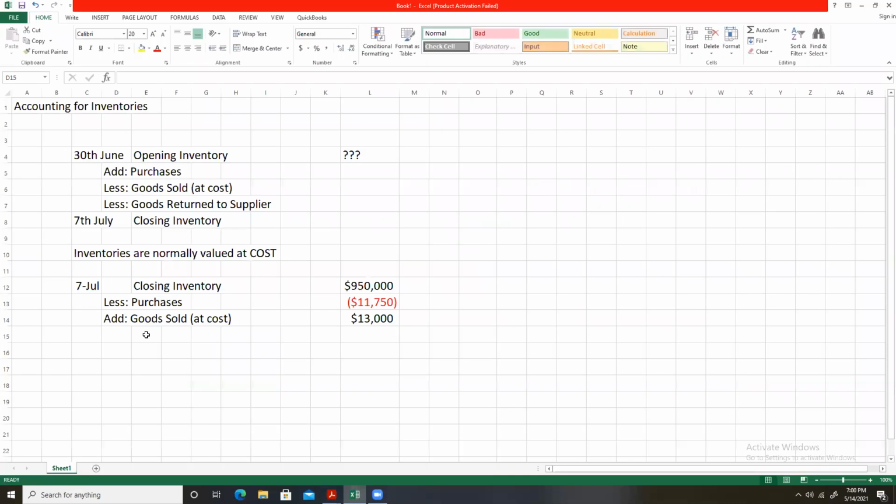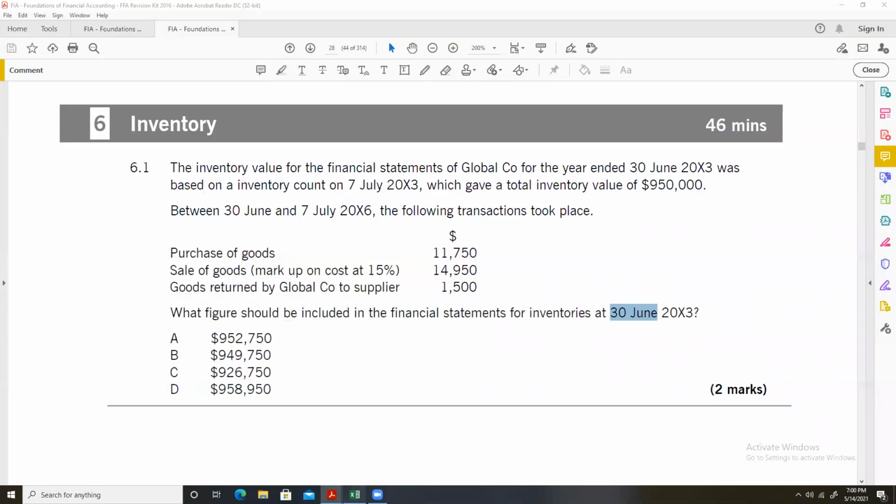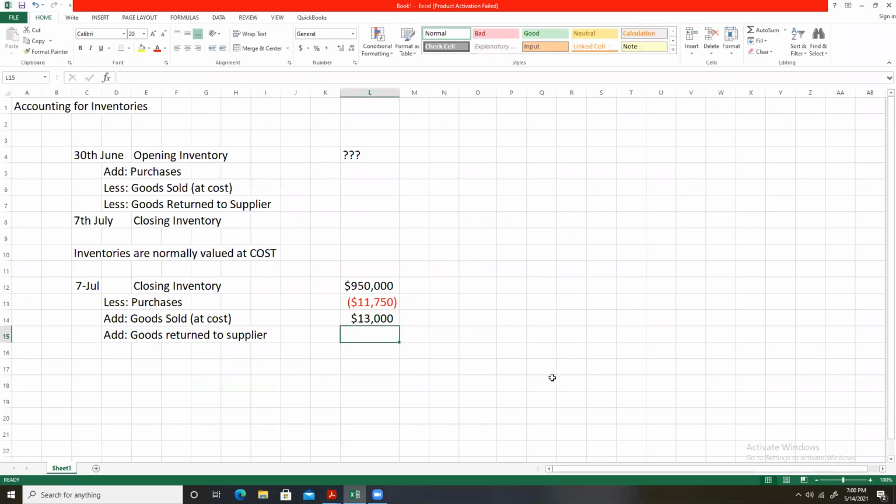Now, as we are performing a reverse calculation, we will add these goods. Goods returned to supplier, how much? 1,500. We will add these goods as we are performing a reverse calculation.